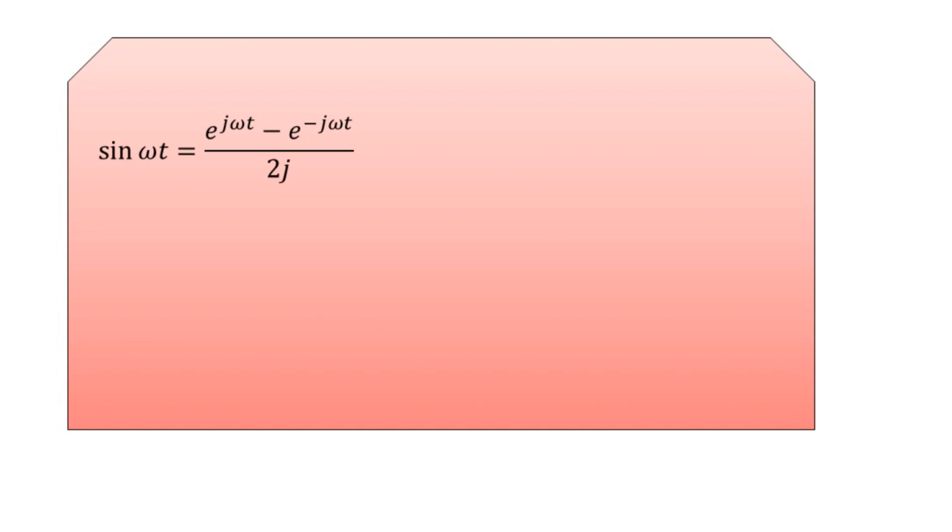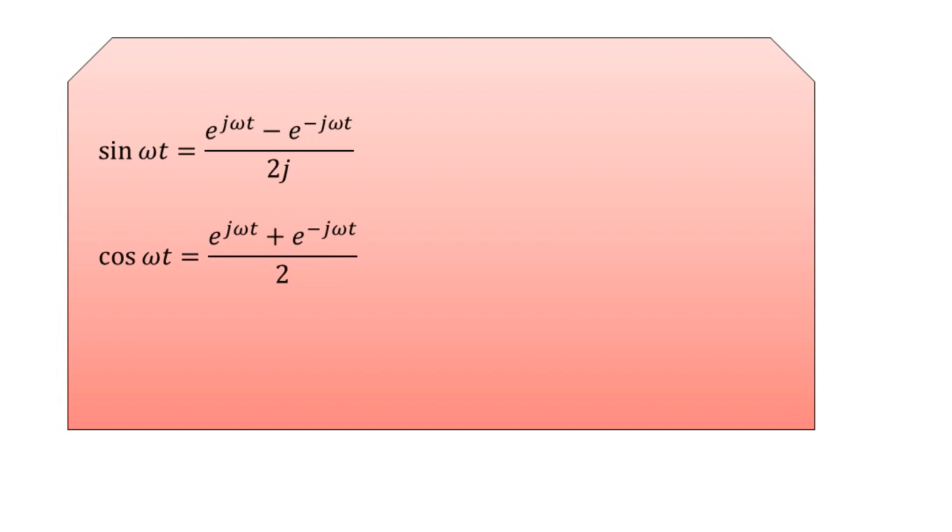Next, we have cosine omega t equal to e to the power j omega t added to e to the power minus j omega t, and this addition is divided by 2 as a constant.